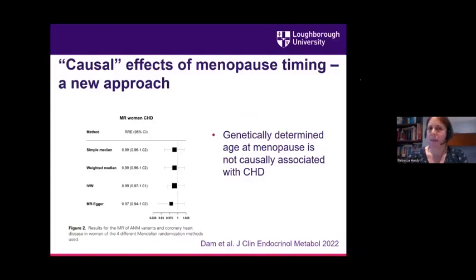And this very recent paper is now showing, actually, they're suggesting there is no causal effect of age at menopause on coronary heart disease. So again, we're accumulating evidence all the time, and we have to update our theories as new research evidence accumulates. As I say, that's very new and needs looking at and reproducing.